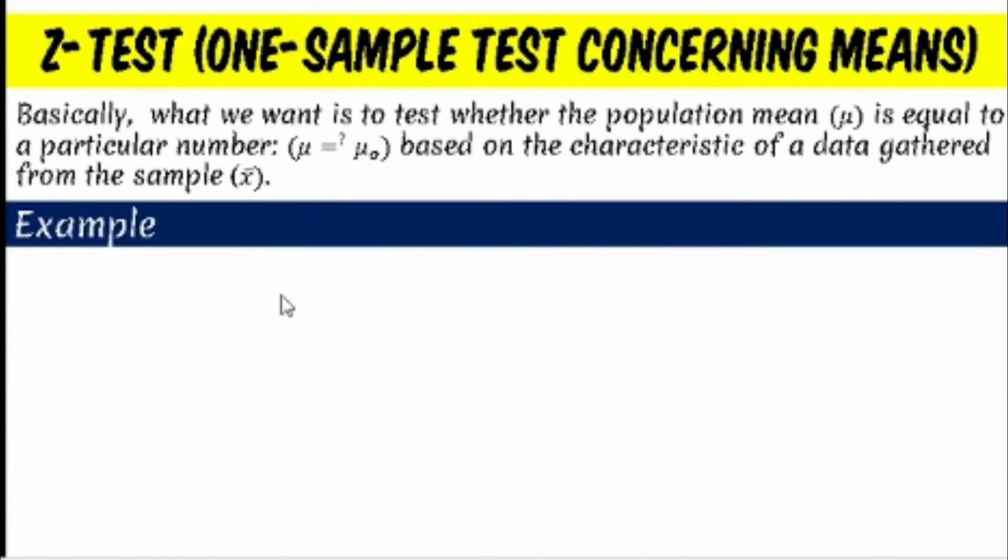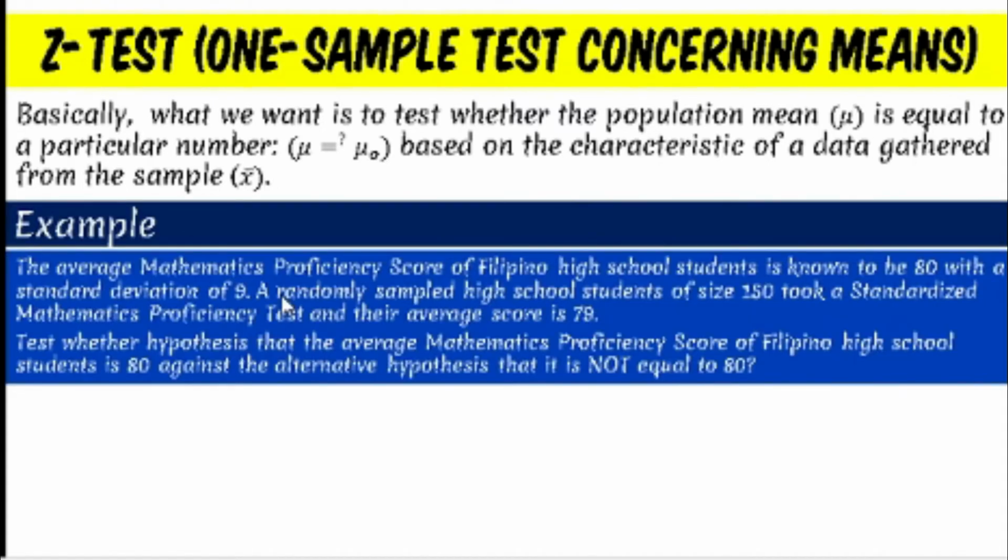Let me provide you an example here. The average mathematics proficiency score of Filipino high school students is known to be 80. This is talking about the population, and the standard deviation is 9. A randomly sampled group of high school students of size 150 took a standardized mathematics proficiency test and their average score is 79.